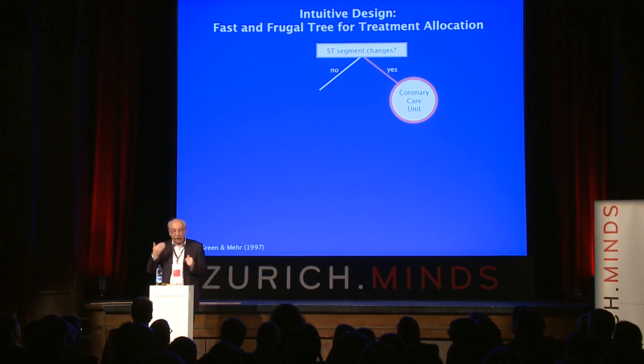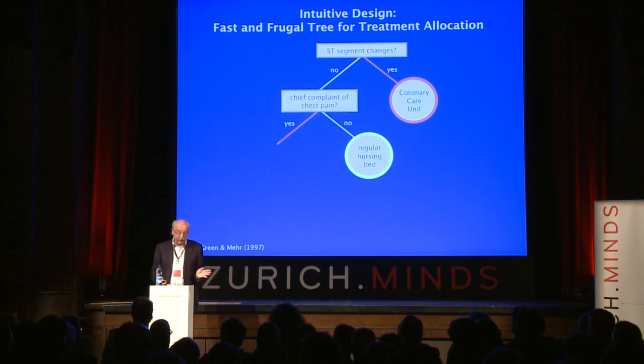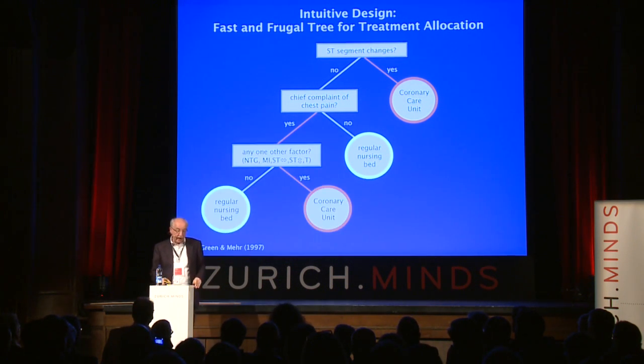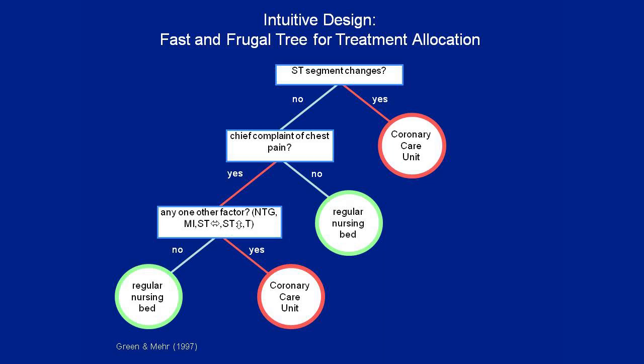Is there an anomaly in the ST segment in the electrocardiogram? If yes, immediate decision. If that's not the case, the second question is asked whether the primary complaint is chest pain. If not, regular bed. Otherwise, a third question is asked: is any one of these factors there, and the decision is done. Note all 50 probabilities are gone.